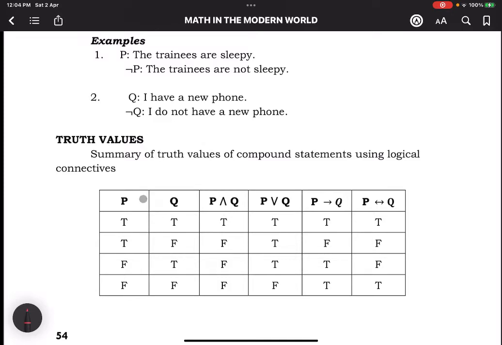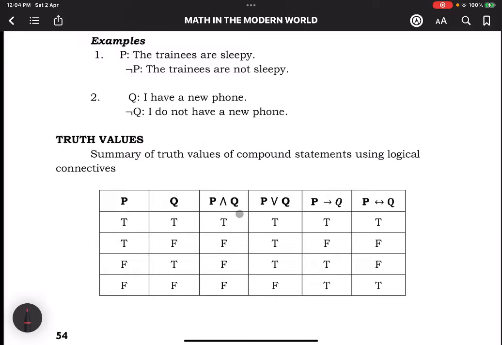Here are their truth values: true, true, true, false, false, true, false, false. They are called connectives or operators because we evaluate them using different connectives, combining them or giving them a relationship. Then we can evaluate the resulting truth values.